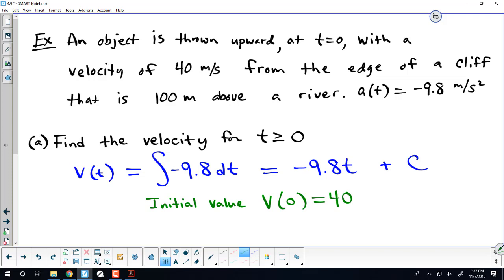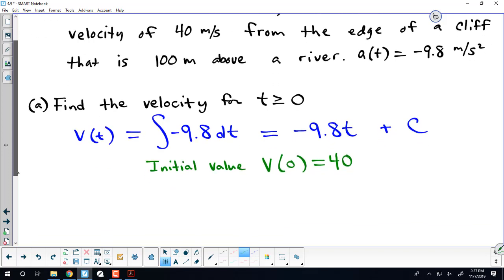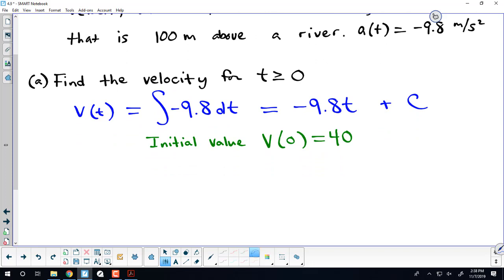C is 40. When you're dealing with polynomials, the initial value is always the constant because everything else zeroes out, as long as you're starting at 0, like time equals 0 or x equals 0. So the initial value v of 0 is 40, but we also know that v of 0 is negative 9.8 times 0 plus c.